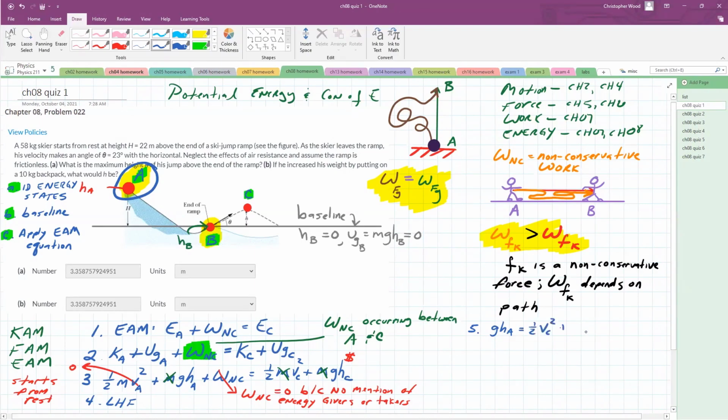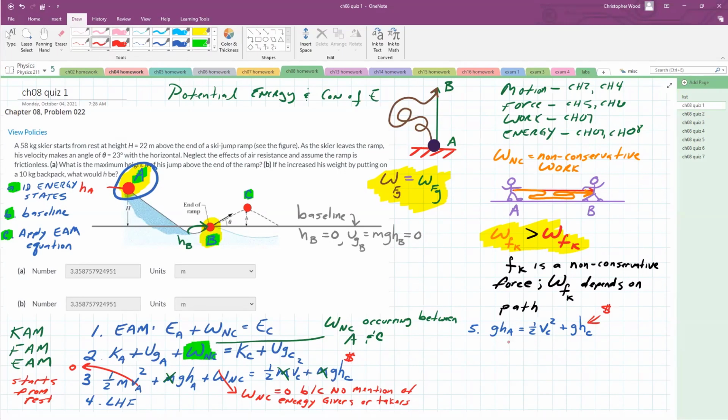And there's my dollar sign. This looks quite a bit easier. Let's see. I know g, I know h_A, it's given. Here's the problem. So here's an uh-oh.